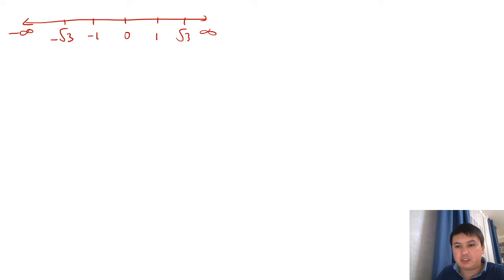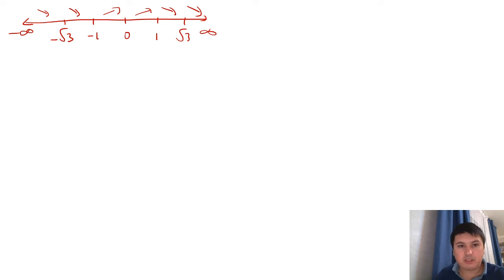So now let's try to put all the information together. I have important points: minus square root of 3, minus 1, 0, 1, and square root of 3, where the function changes. From monotonicity, the function is decreasing, then decreasing, then it increases, then decreases.